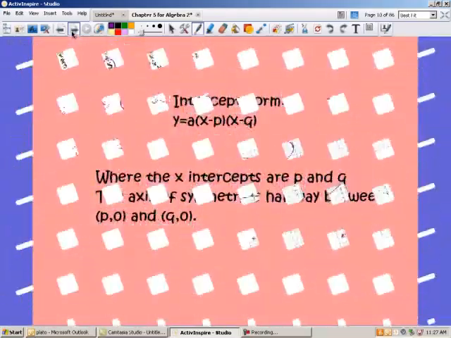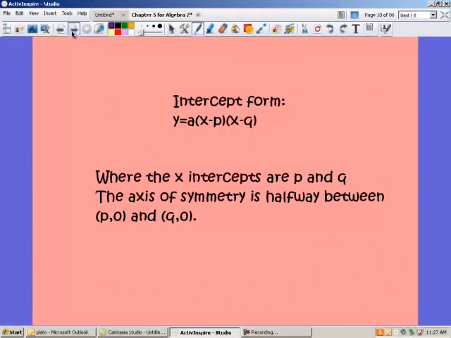Okay, the next form is intercept form, and this is going to tell you exactly where your intercept points are on your graph. So, this value right here, and that value, which is P and Q, are your intercepts.